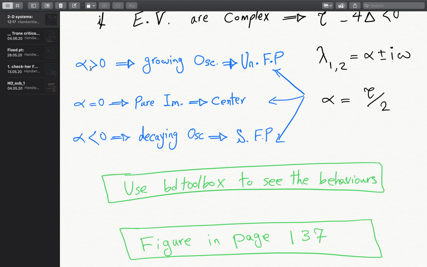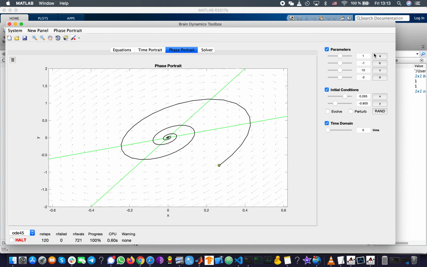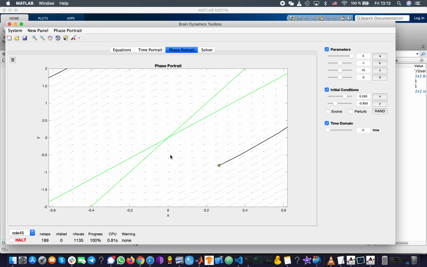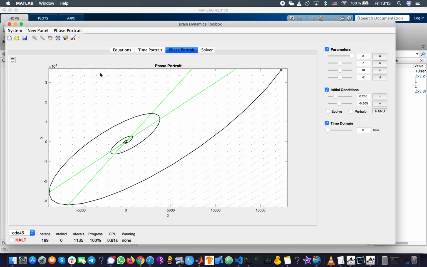The alpha should be positive, therefore the trace of your matrix, A plus D, should be positive. So I just put it like 3, and then it's going to be positive, and you will see that it is spiraling out. This is the initial condition, and from the initial condition it is coming out, not going toward.